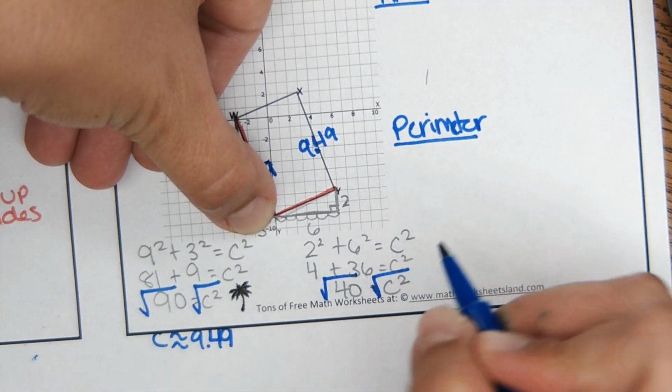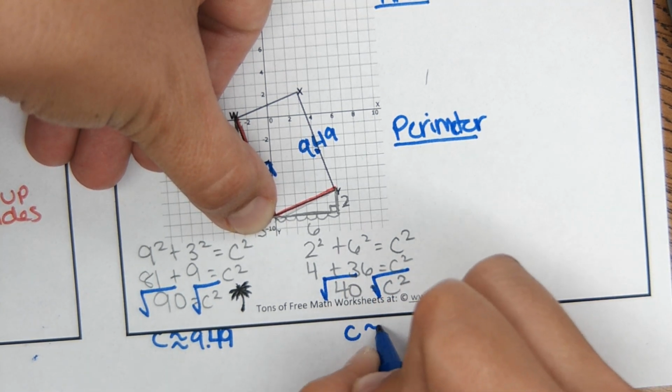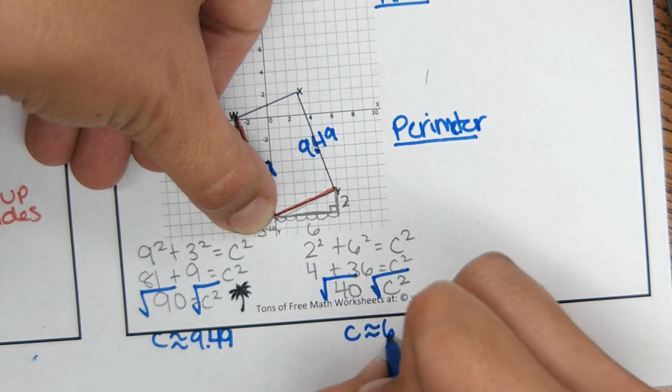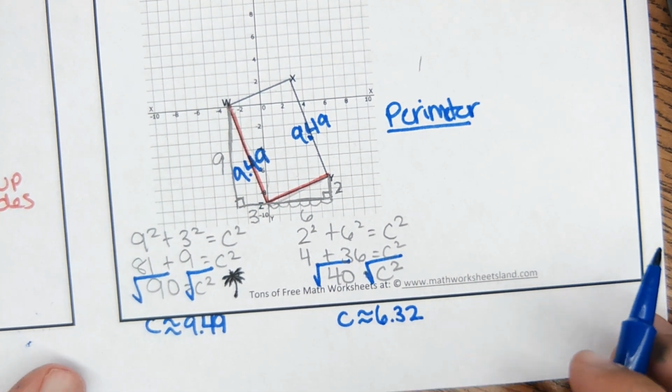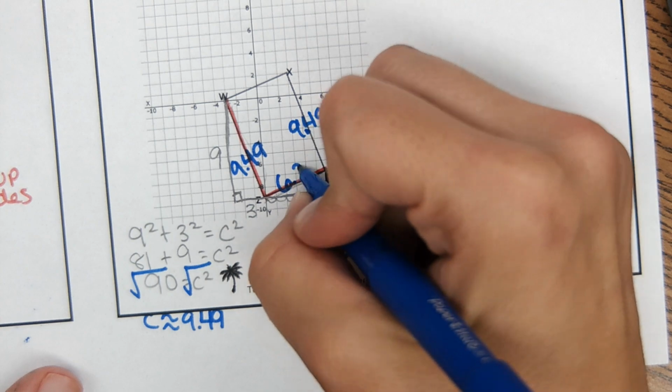Square root of both sides, and then c is about 6.32. So that would be this measure right here.